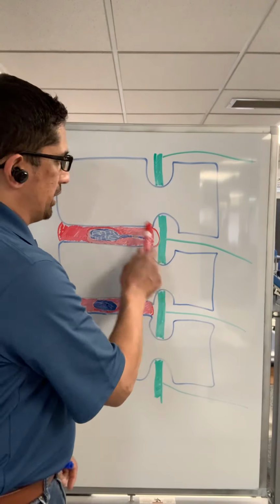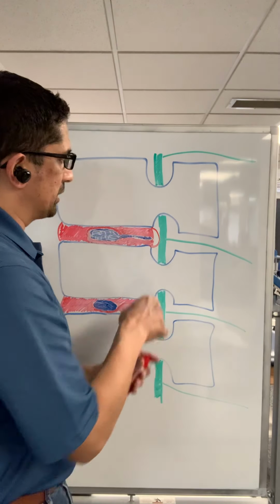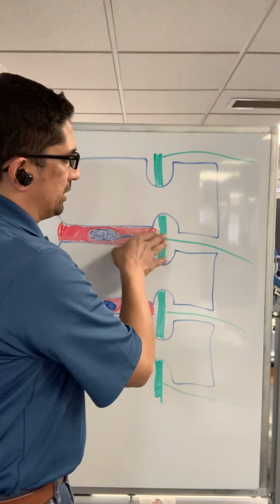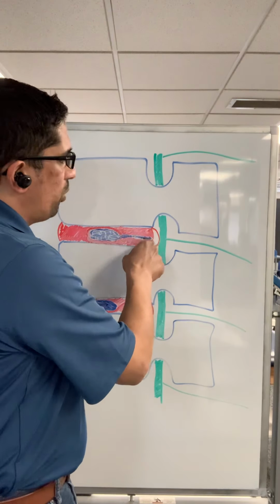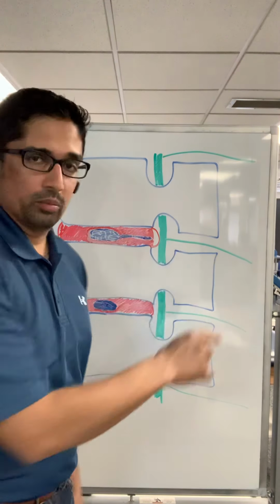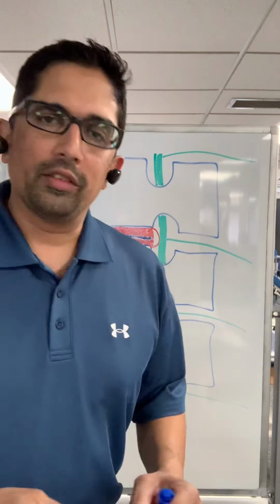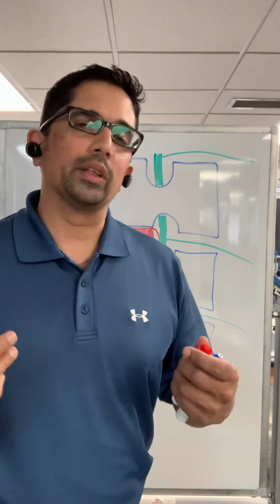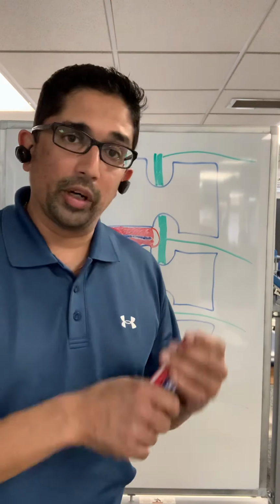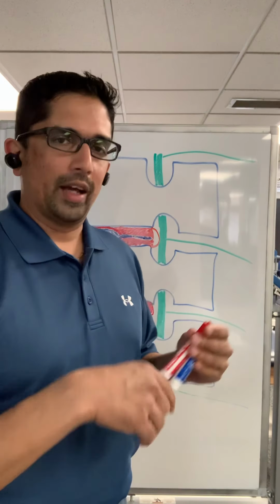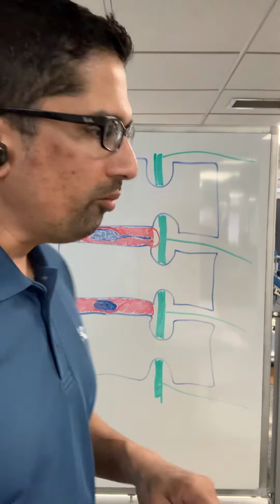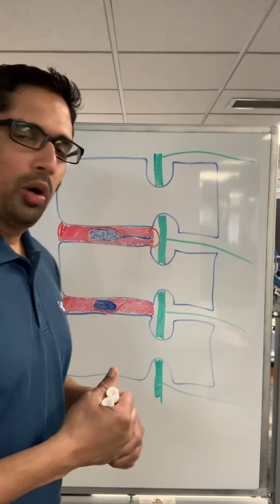Right here is a bulge in the outer wall of that disc. When that bulge hits the spinal cord, or it hits one of these nerves that comes out of the spinal cord, that's when you start to have tingling, pain, and numbness going down into your legs to some degree, depending on the severity of the pressure on that nerve and how much irritation it's causing. That's what a herniated disc and a bulging disc look like.